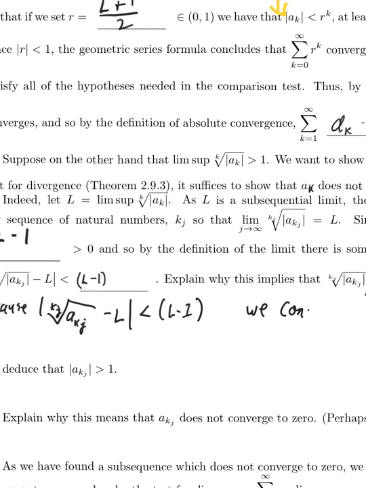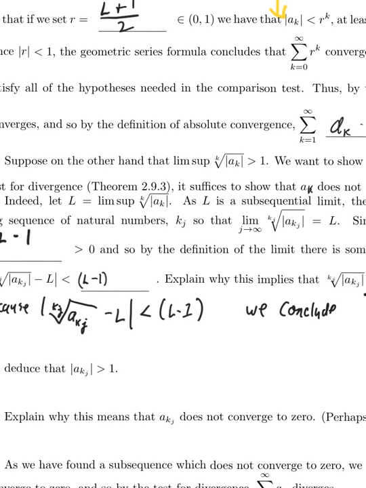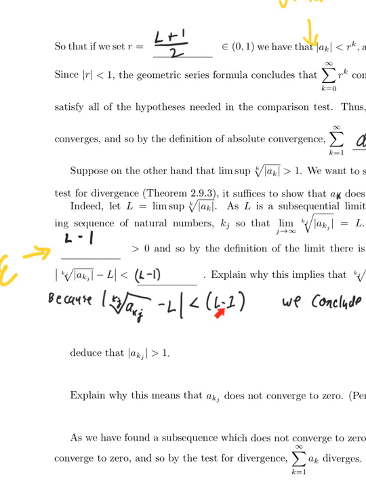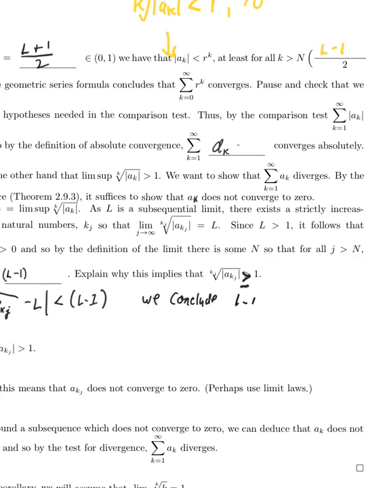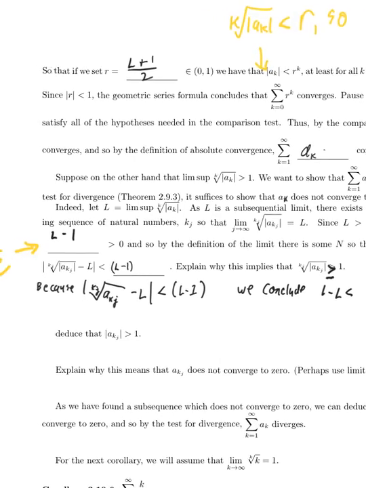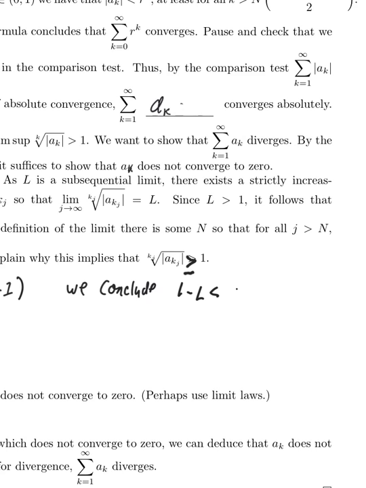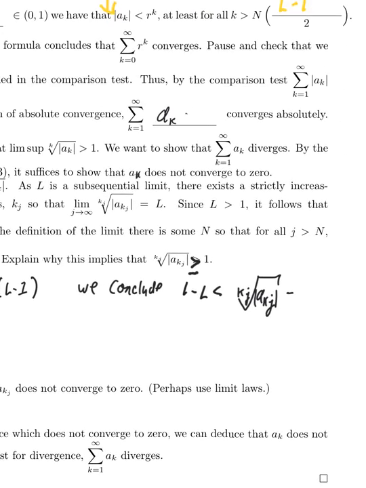We conclude that negative L minus 1, so 1 minus L, is less than the thing in the absolute value bars, the k sub j root of a sub k sub j minus L, which is less than L minus 1. All right, fair enough.